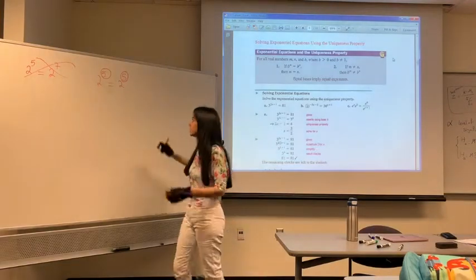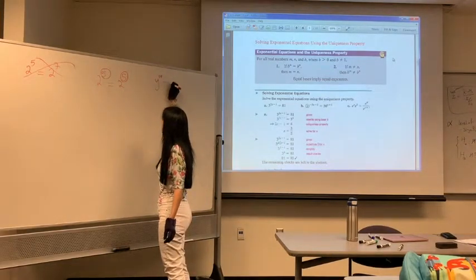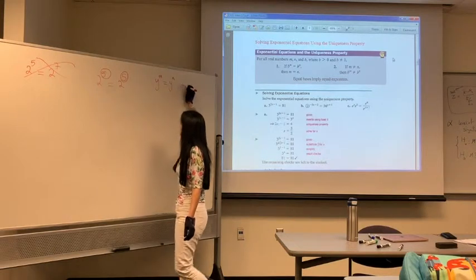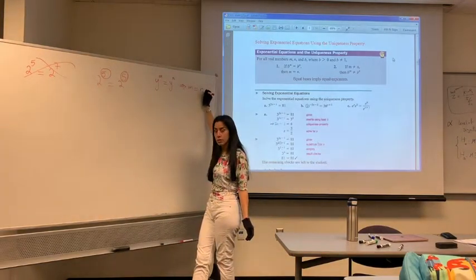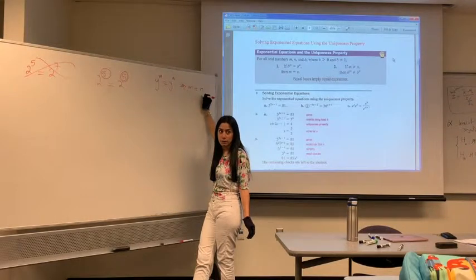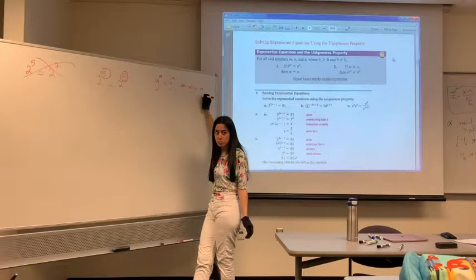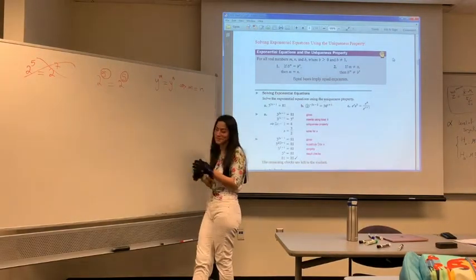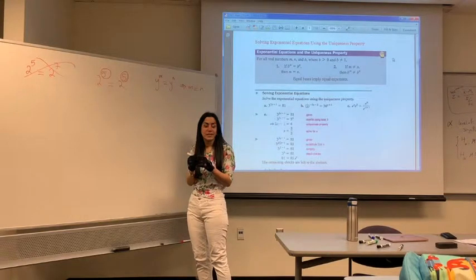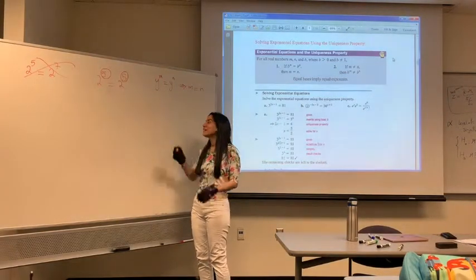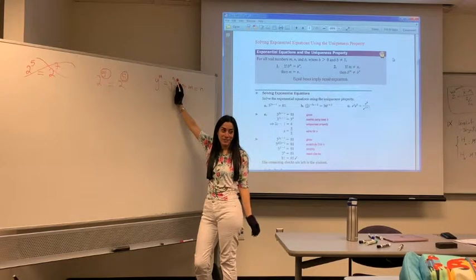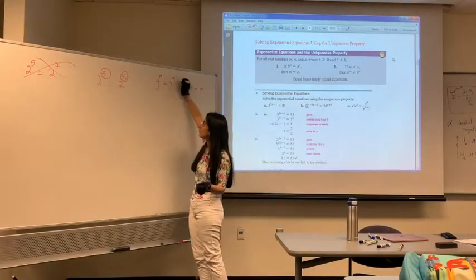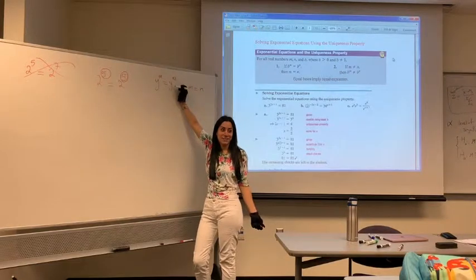So that's why it says if we have y power m equals y power n, m has to be equal to n. Why wouldn't they be the same letter if they were the same? If it was m and m, we are not solving for anything.